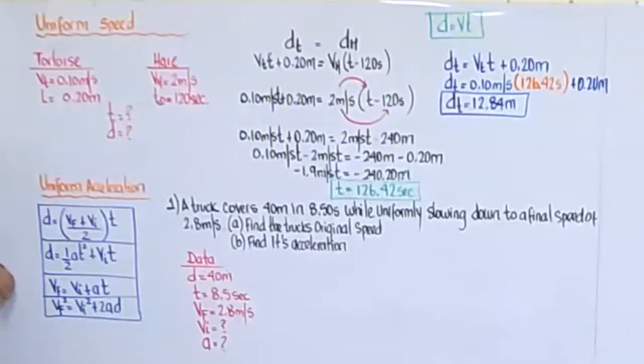Distance, I think. Distance equals? 40 meters. Okay, just tell me what will be the equation that we're supposed to use. The first one, second one, third one, or fourth one. Because we have to choose one formula. Tell me, what do you think?